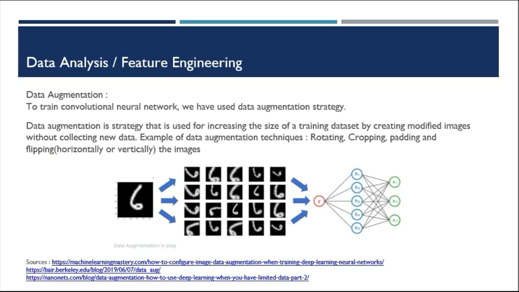Examples of data augmentation techniques are rotating, cropping, padding, flipping horizontally or flipping vertically the images. In the image we can see that the letter 6 has been flipped and cropped, and after this it has been applied to the CNN network where it will give a better result.